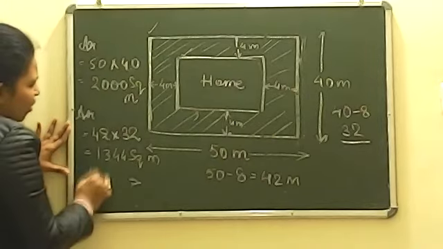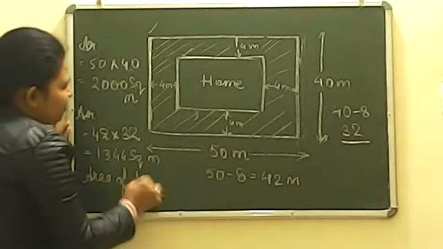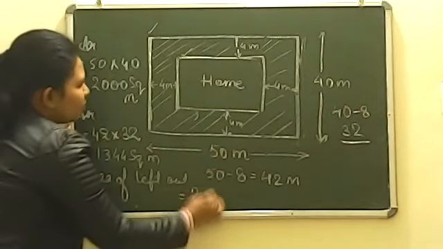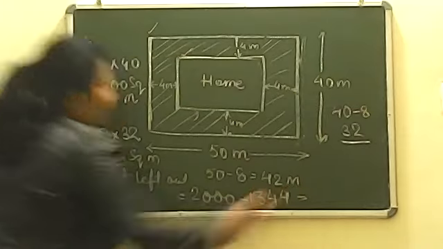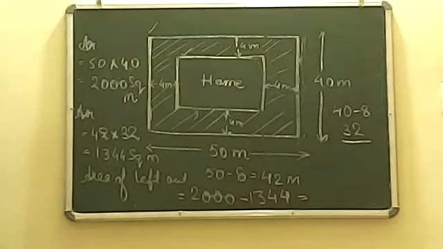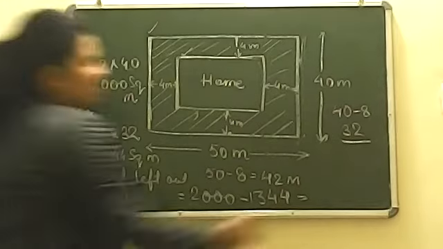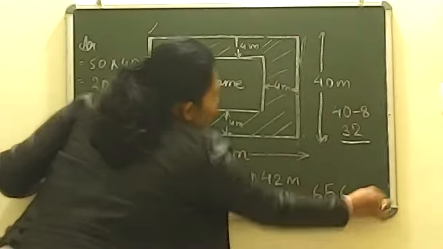So your area of left out portion will be 2000 minus 1344. Now subtract 2000 and 1344. Tell me what you are getting. 656. Yes. So this is your main answer. That is 656 square meter.